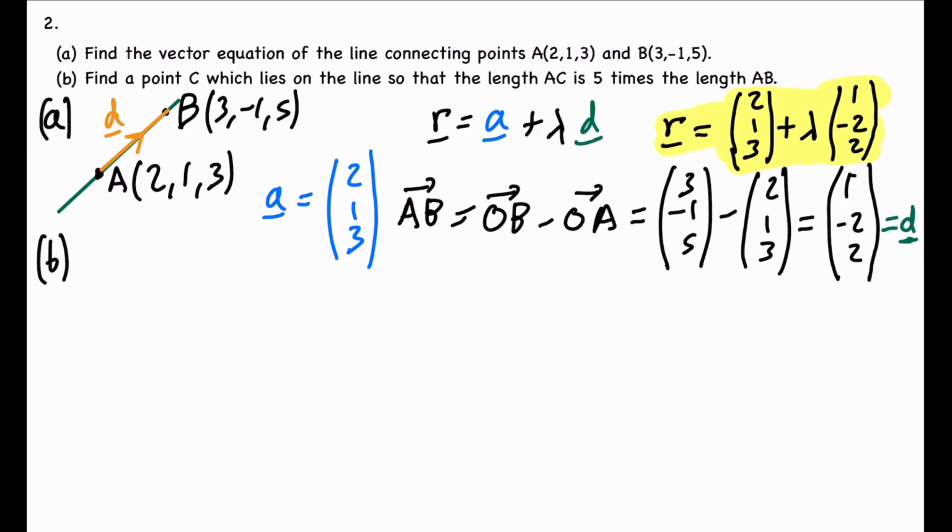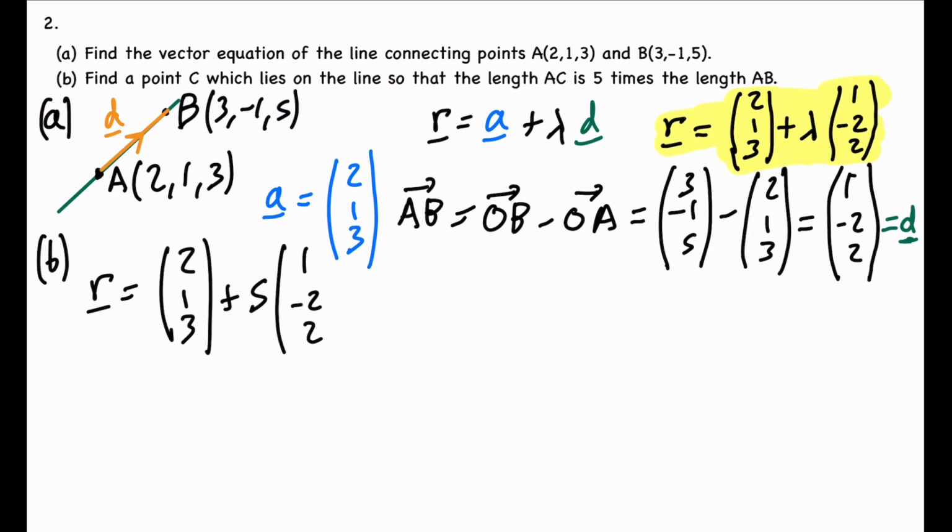So that is 5 times the length of AB. So how would we do this? To find a point on the line, we would just multiply the direction vector times 5. So we'll just substitute our lambda as 5, and we would get r is equal to (2, 1, 3) plus 5 (1, -2, 2).